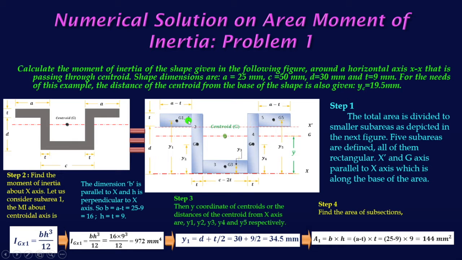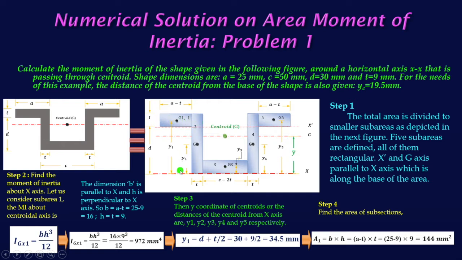Now we have to find the area moment of inertia of section 1 about this x-axis. So how can we get it? Using the parallel axis theorem that we have discussed in the last classes. The x-axis and the Gx1 axis along this are parallel.